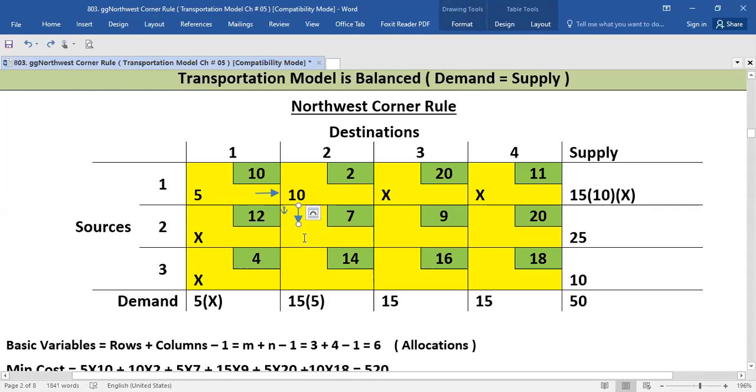See that at this point you have 5 demand and 25 is the supply in this. Which one is minimum? 5 is minimum, so you will put 5 here.